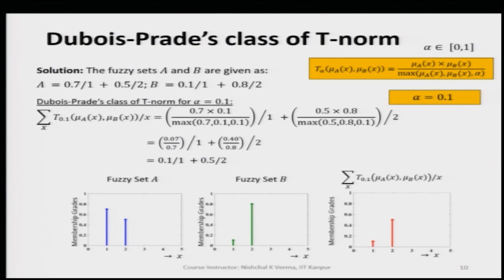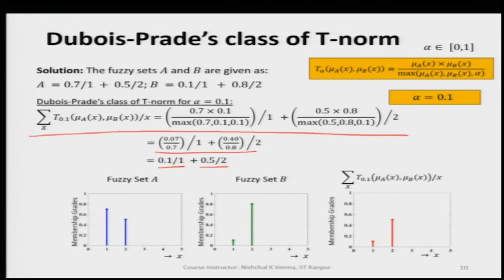Let us now take alpha equal to 0.1 and see what is the membership value of the corresponding resultant fuzzy set, which is again the intersection of fuzzy set A and fuzzy set B. When we apply this, we find here the resultant fuzzy set, which is the intersection of fuzzy set A and fuzzy set B, and this resultant fuzzy set has two elements.